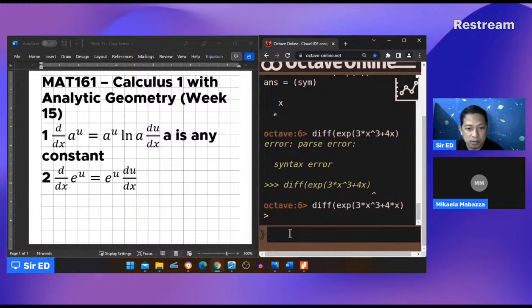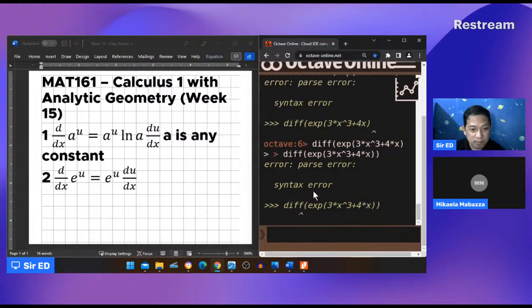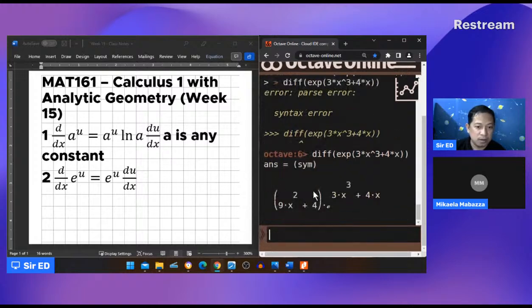Naghang siya dahil wala akong parenthesis. Grabe naman po si MATLAB. Syntax error pa siya. Tama naman kanina. Hindi na naman niya na-define yung 3x cubed plus 4x. Ayun. Yun lang, komplikado yung kanyang sagot. Simplify ans.